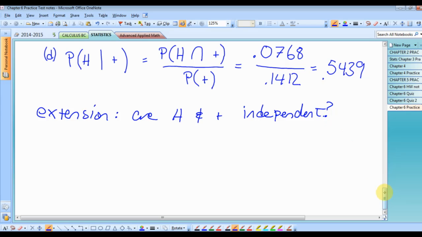And remember, we had two ways of doing this. Number one, the first way we learned is if the probability of H given plus is equal to the probability of H, then that would mean independent.